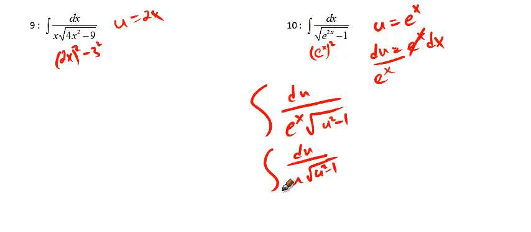And now this is arcsecant almost perfect. So your arcsecant, you have the 1 over a, which is 1. And then we've got arcsecant, and then its absolute value of u, which is e to the x, which can't be negative anyway, so the absolute value is extra, over a plus c.